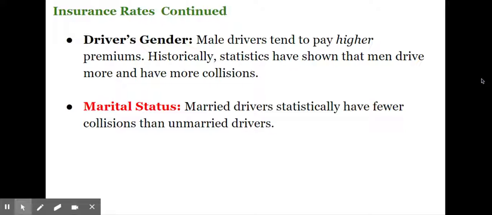I know, it's terrible, but that's how insurance works. They say males, once they're married, take less risks, so that's why marital status comes into play. For females, marital status doesn't matter as much, but for males for sure. At 30, it's not going down unless you are married.